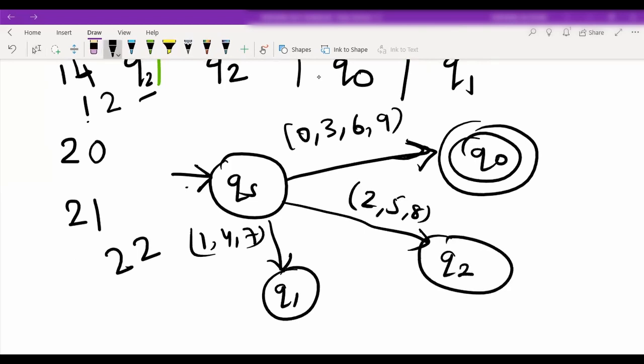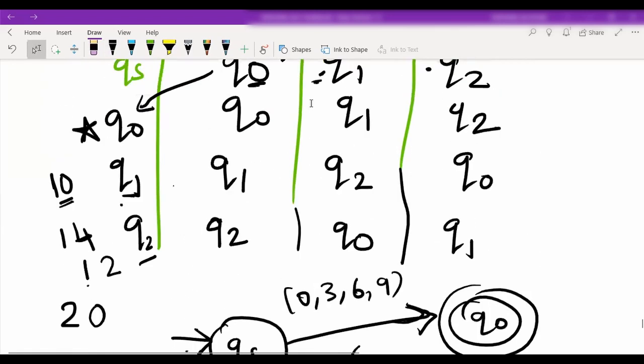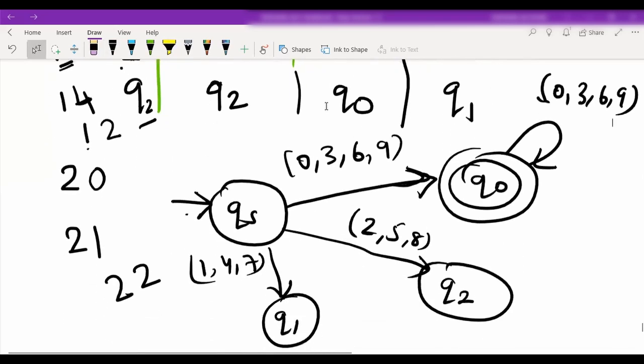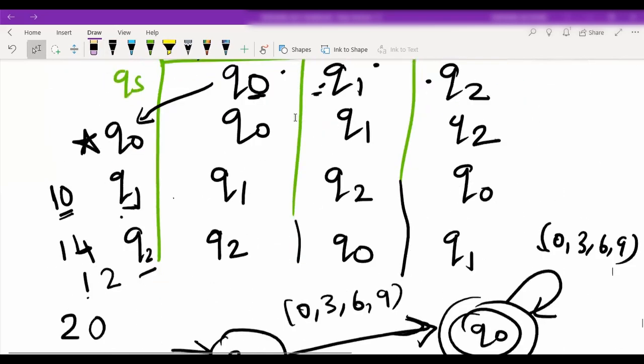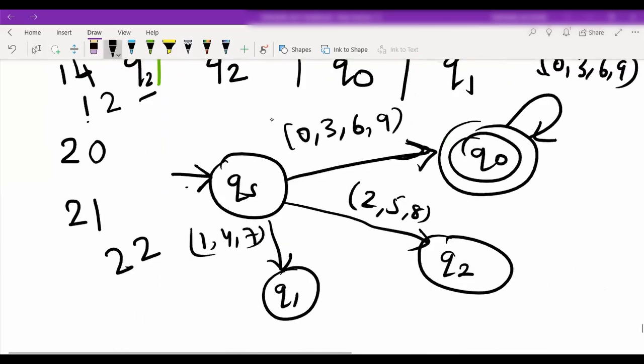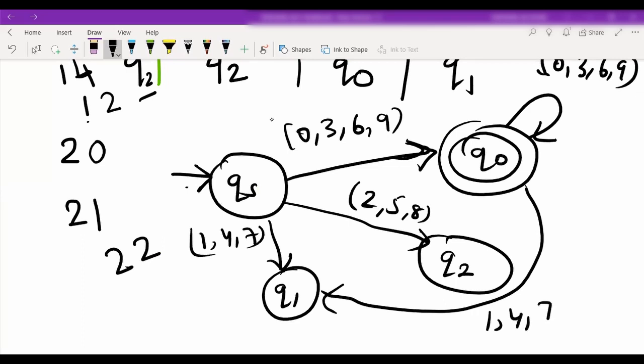Now Q0 on 0, 3, 6, 9 goes to itself. So we will mark that. Q0 on 1, 4, 7 goes to Q1. So we'll mark here that on 1, 4, 7 it is going to Q1. Now Q0 on 2, 5, 8 goes to Q2.